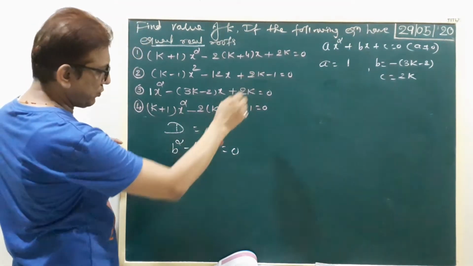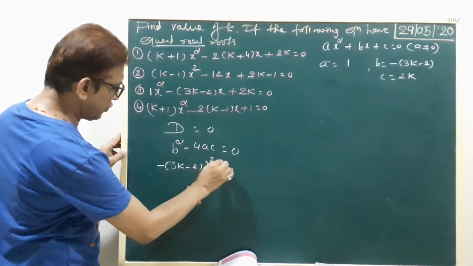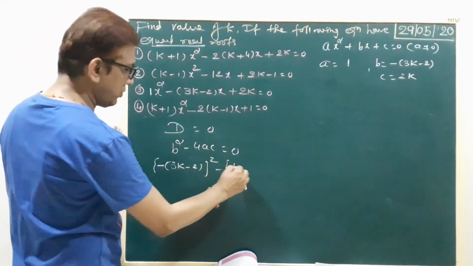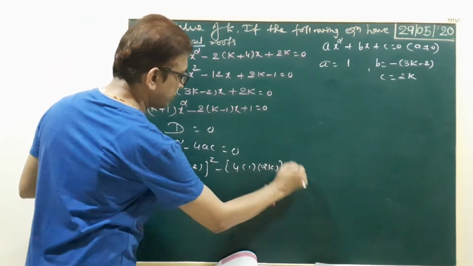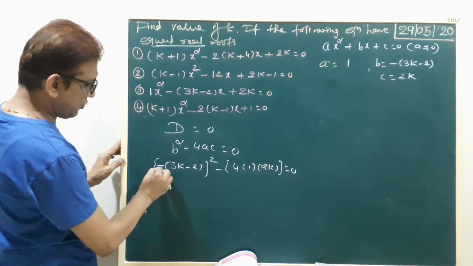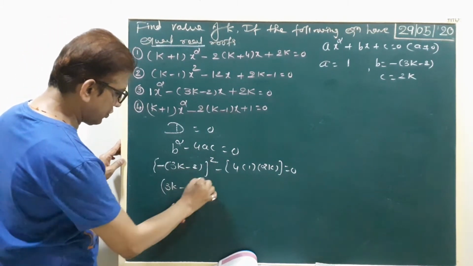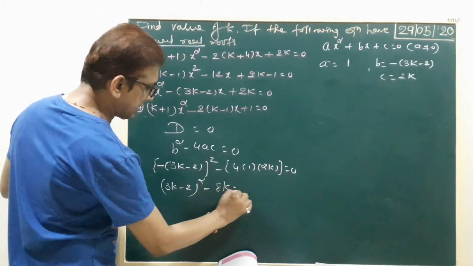Now b square minus 4ac: minus (3k minus 2) whole square, minus 4, a equal to 1, c equal to 2k, equal to 0. So minus square is positive: (3k minus 2) whole square minus 4 1s are 4, 4 2s are 8k.